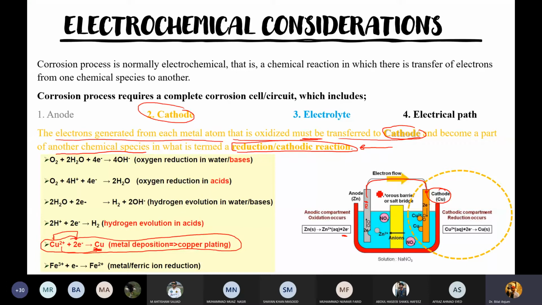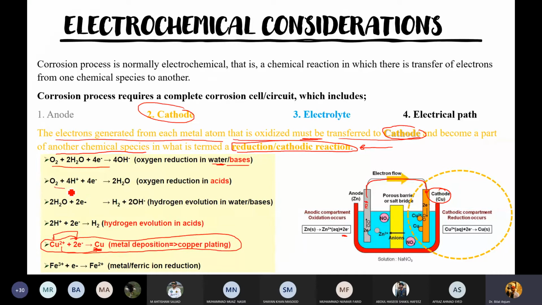Now, there could be many types of reduction reactions, and the equations for these reactions have been listed for you. You have to remember these equations with regard to the environment. You have to memorize these equations. This is the oxygen reduction reaction that is taking place in a neutral or basic environment.